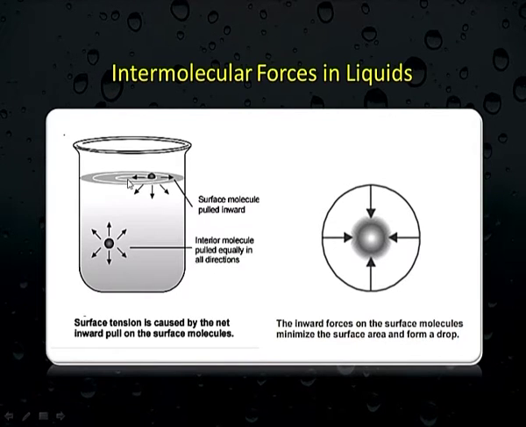Now, we will see the position of the molecule lying on the surface. These two forces are in opposite directions, so they will be cancelled, but the other molecules which are lying inside the bulk of the liquid will be attracting this surface molecule towards the inside. So, overall a net inward pull is acting on any molecule which is lying on the surface.